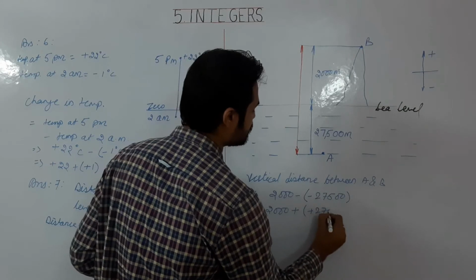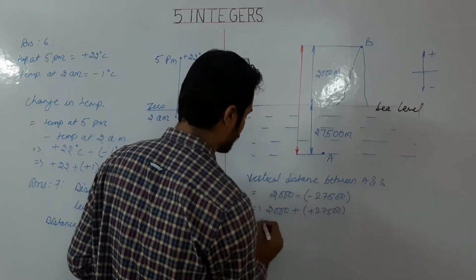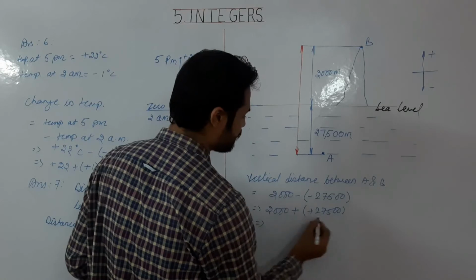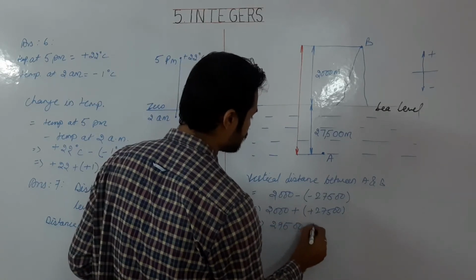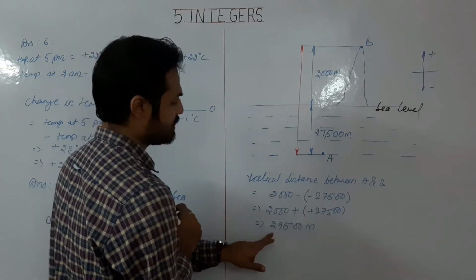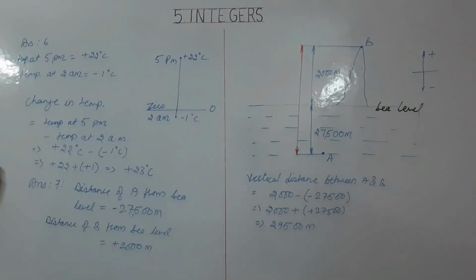So plus 27500, and the final answer is 29500 meters. So the net vertical distance between point A and B is 29500 meters.